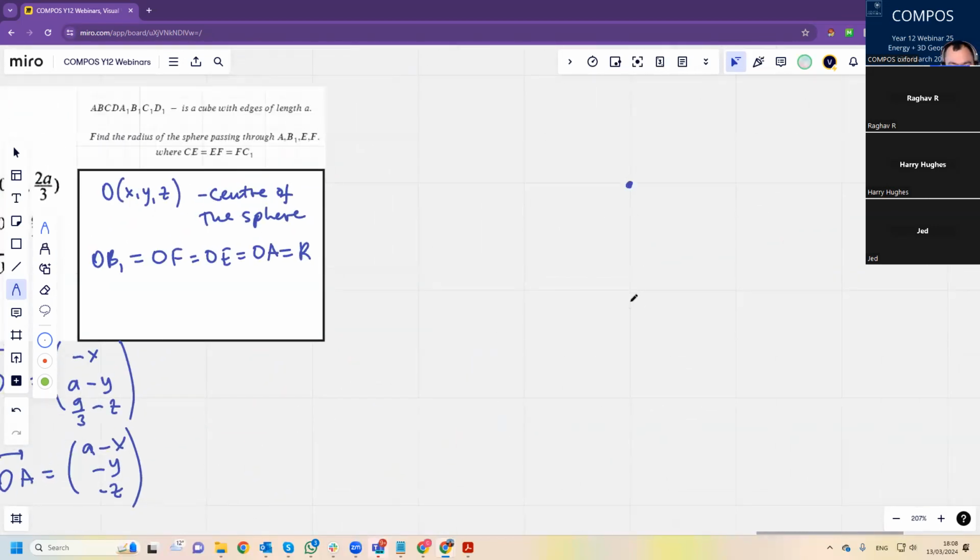Basically, if you are equally distant from 2 points, normally, if you were on a plane, that would be the perpendicular bisector. But now it's 3D, so it's going to be the bisecting plane.